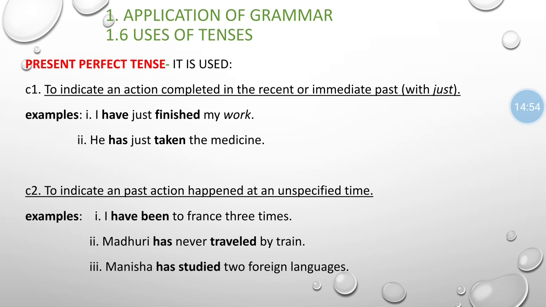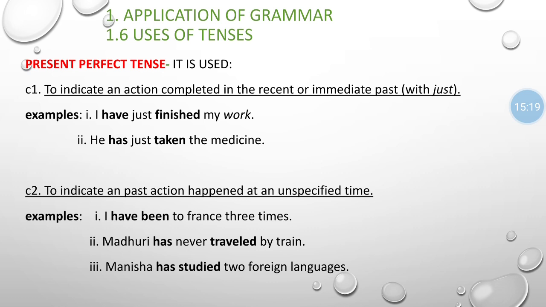Next, present perfect tense. In this tense, the action is totally completed in the present time. The action has just been completed. For a complete action we use the verb in the third form, but we know that the third form never comes separately.